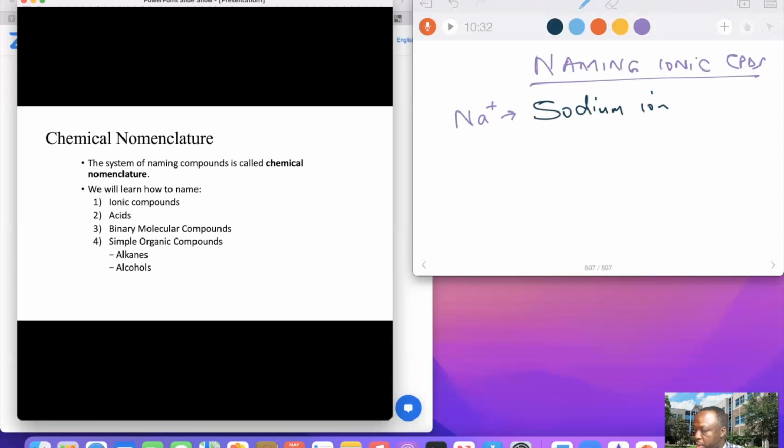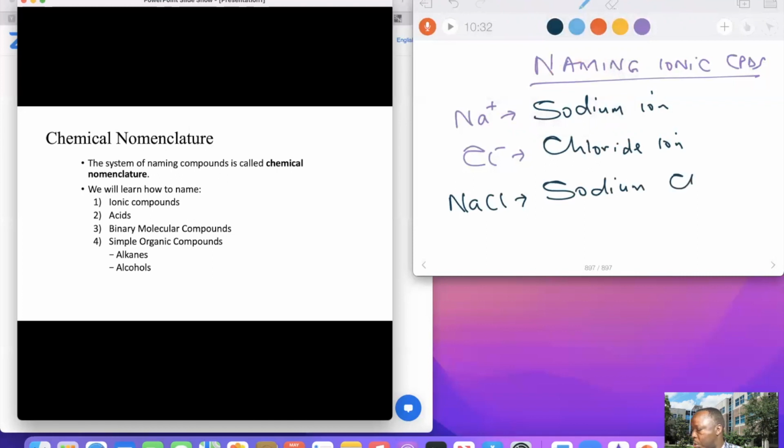And Cl negative, this is chloride ion. Therefore, NaCl stands for sodium chloride. If you look at what we did, we just get rid of "ion" to form sodium chloride.